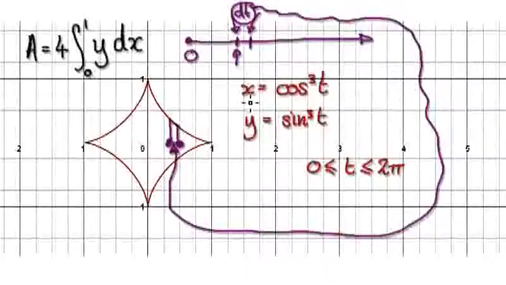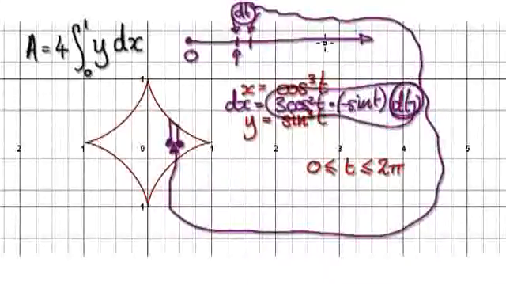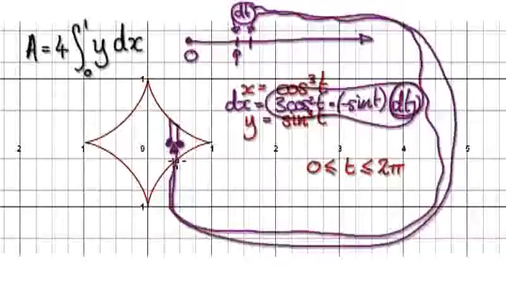If you differentiate this, dx would be 3 cos squared of t, and then times minus sine of t dt. A small change in time, when you combine it with this whole thing, gives you the thickness associated with this strip.